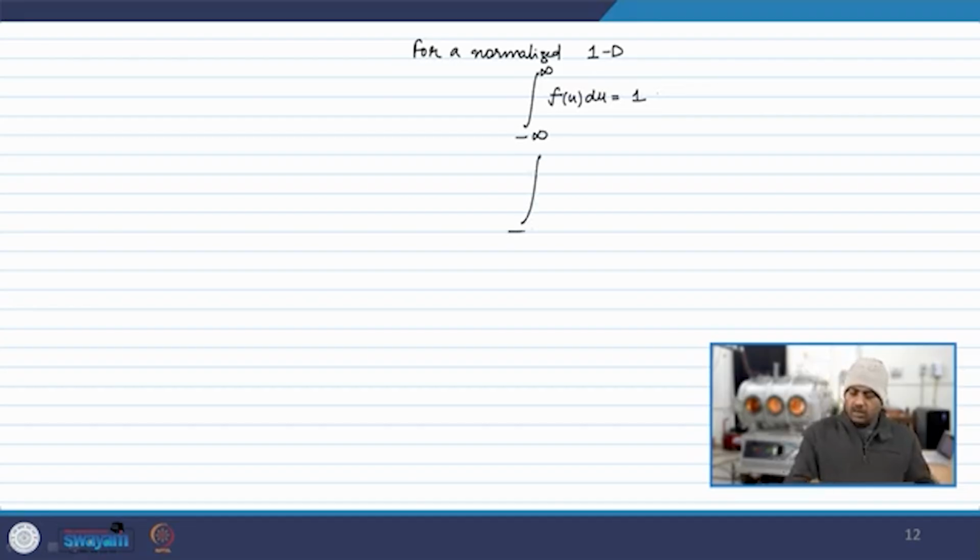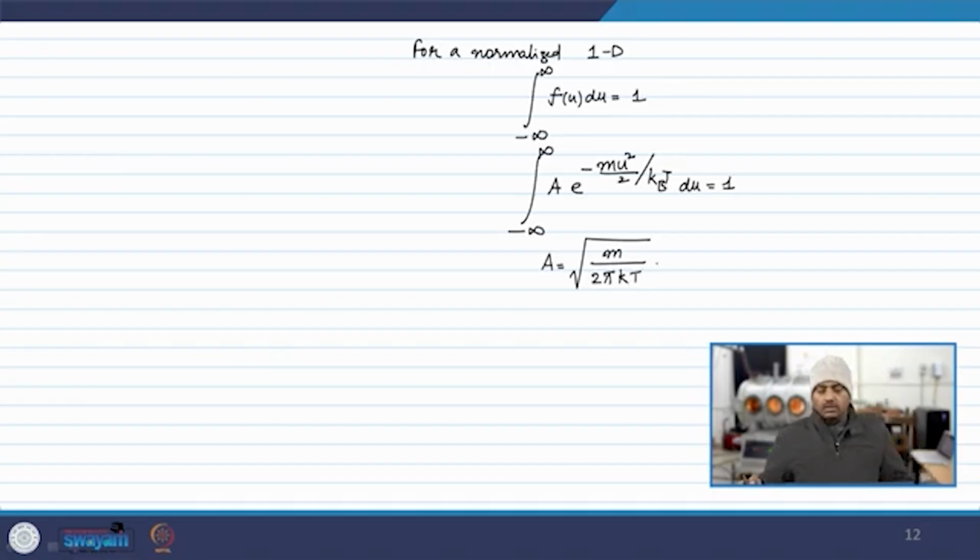So, in essence you are writing the integral from minus infinity to infinity of A e to the power of minus m u square by 2 divided by kBT du is equal to 1. If you solve this integral, you will realize the value of the constant A is square root of m by 2 pi kT. It is in the form of e to the power of minus x square multiplied by a constant. So, you will realize that the value of A is something like this.